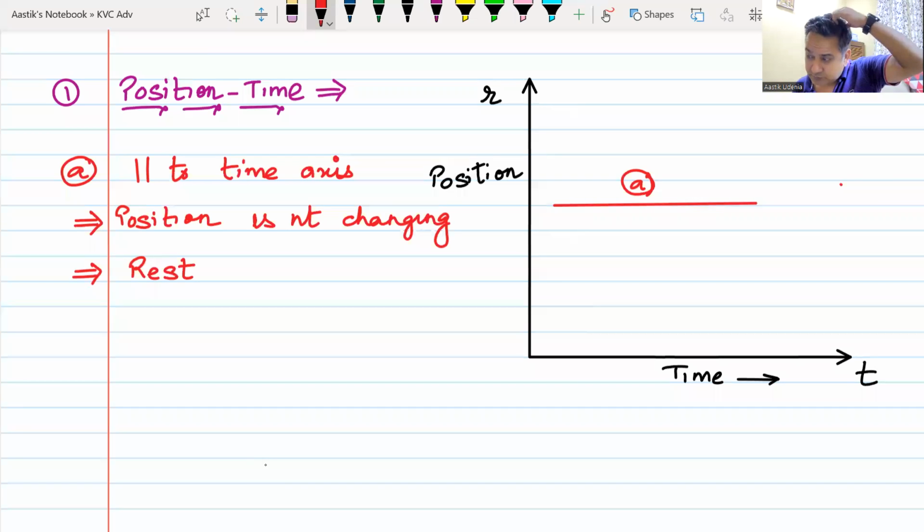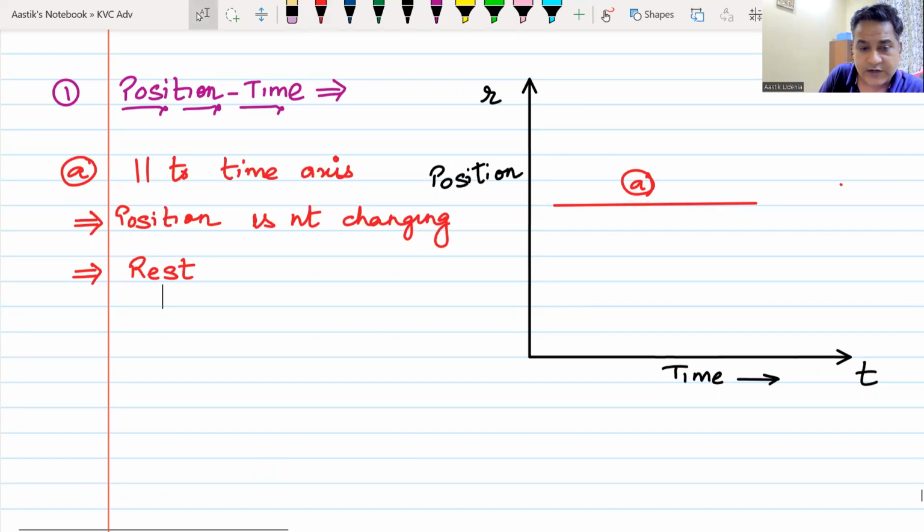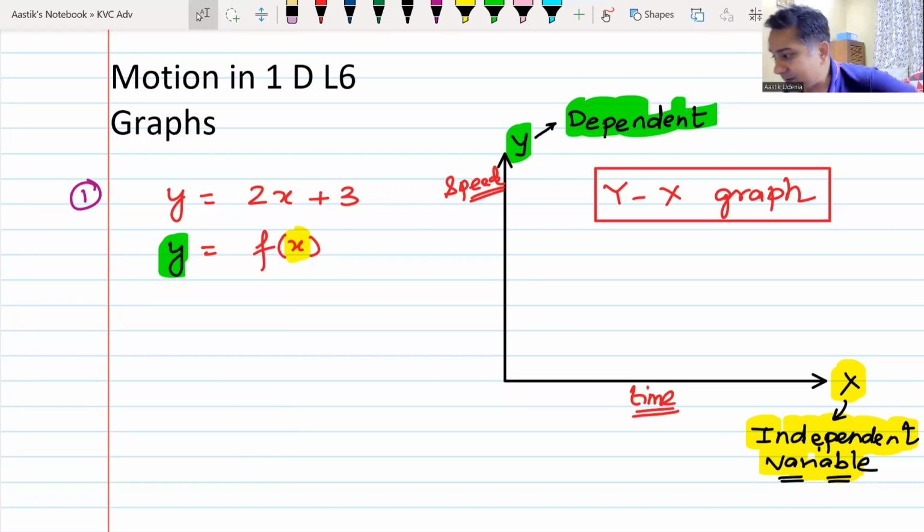Now, I hope you know what you mean by slope of the graph.